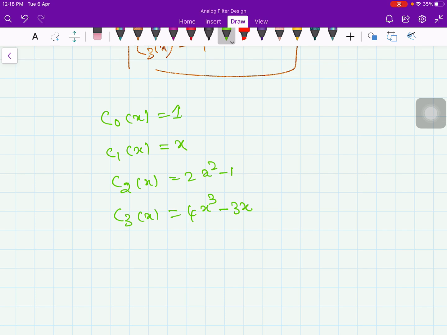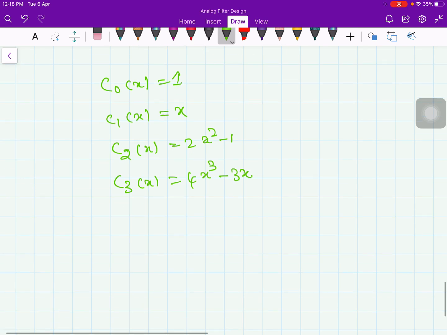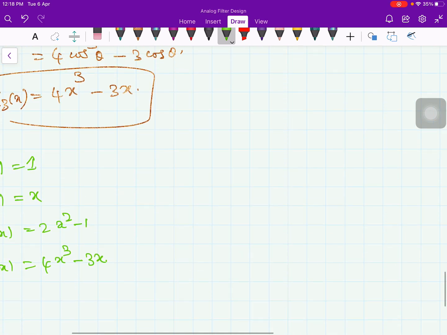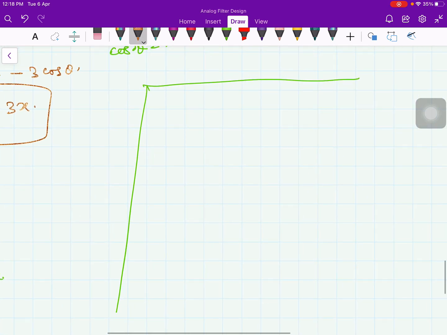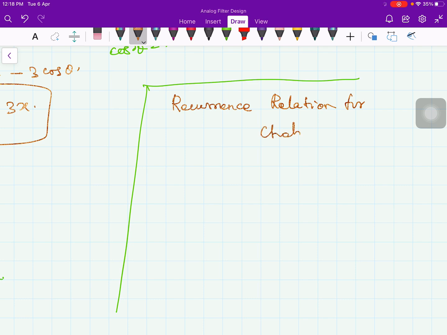Now does that mean that we will have to remember all the multiple angle formulas? No. We can find a recurrence relationship. With that you can easily write down the Chebyshev polynomial. So now let us try to find out the recurrence relationship for Chebyshev polynomial.